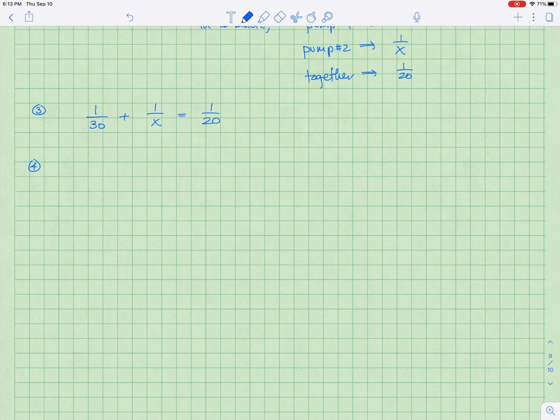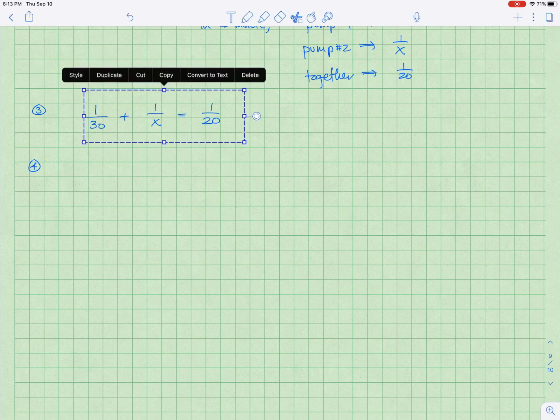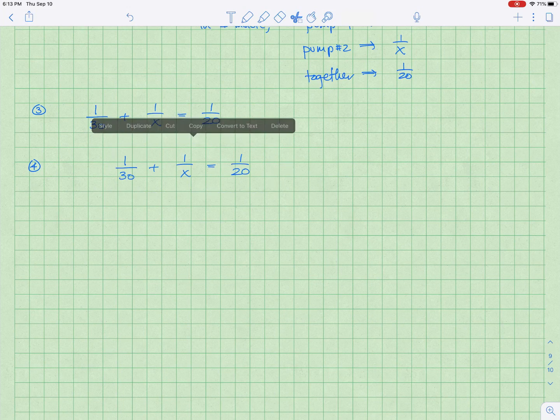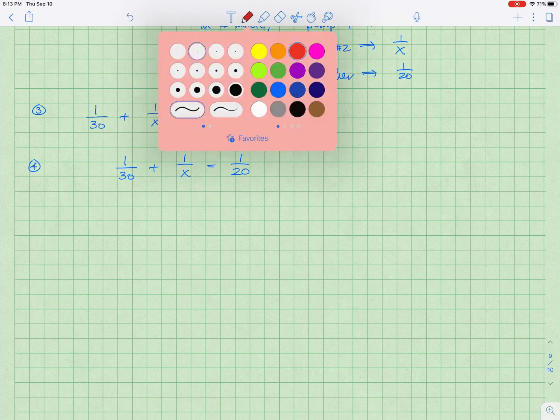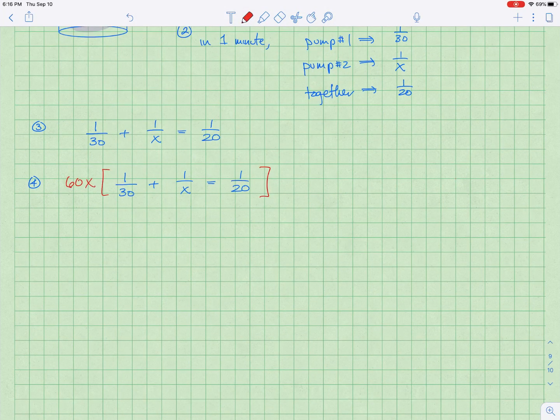So for 4 here, we'll multiply through by the LCD. Let's see. Apparently 60x. As we distribute, 60x over 30 is going to give us 2x. 60x over x is going to give us positive 60, and that's going to be equal to 60x divided by 20, which is 3x.